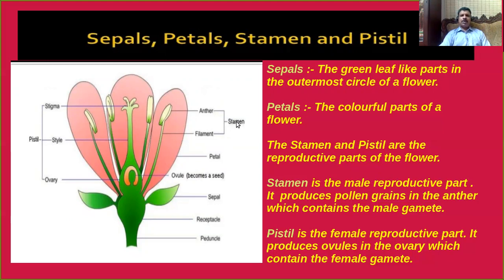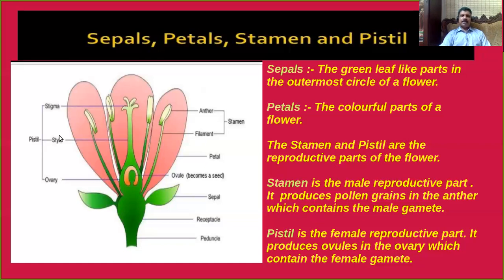As we know, the stamen and the pistil are the reproductive parts of the flower. You can see that the stamen has two regions, the anther and filament. This is the male reproductive part. It produces pollen grains in the anther, which contain the male gamete.